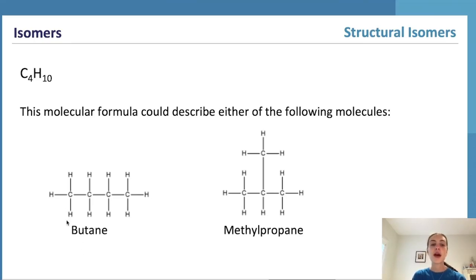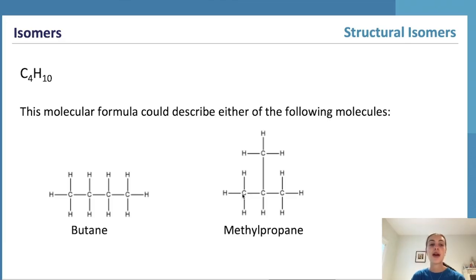That's because with our butane molecule, we could either have a straight chain where we've got 4 carbons along a straight chain backbone, and then the 10 hydrogens bonded along there, or we can have 3 carbons along the main backbone, and then a methyl group attached to the middle of the propane chain, making this a methyl propane molecule instead.